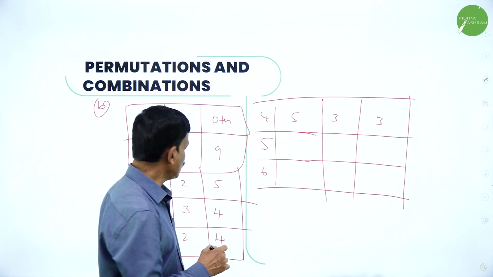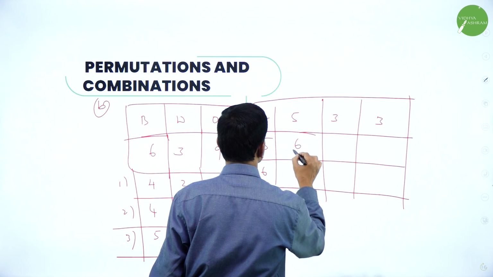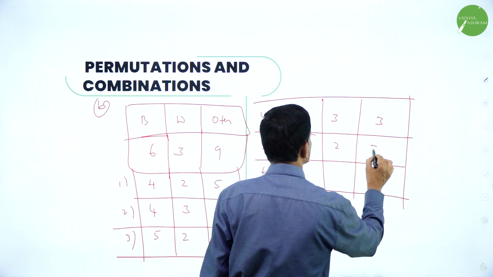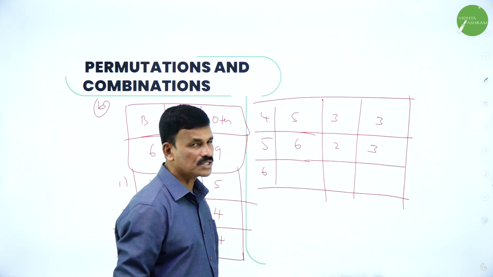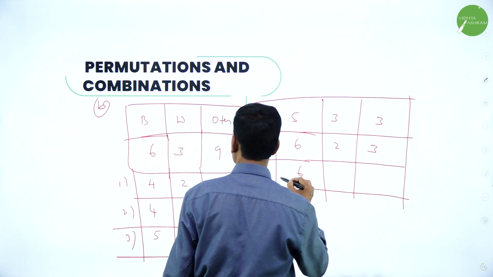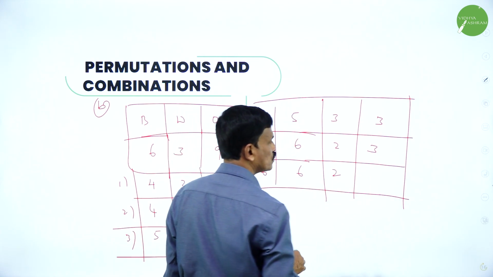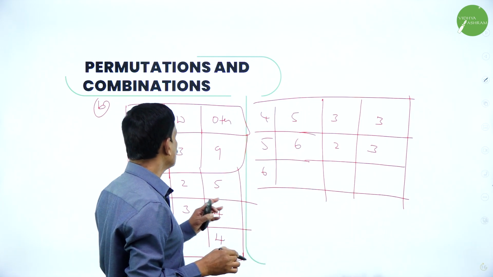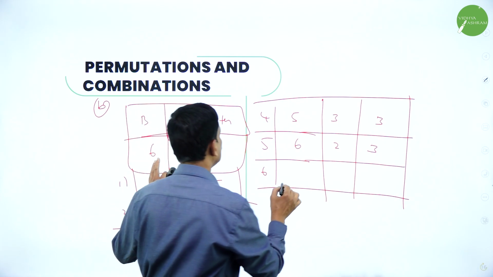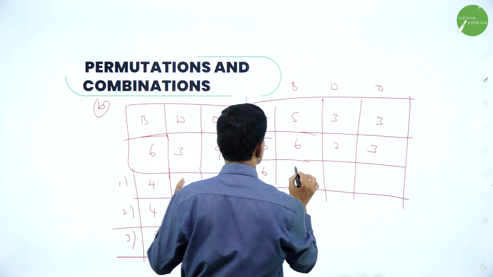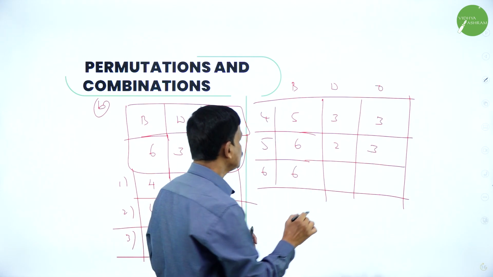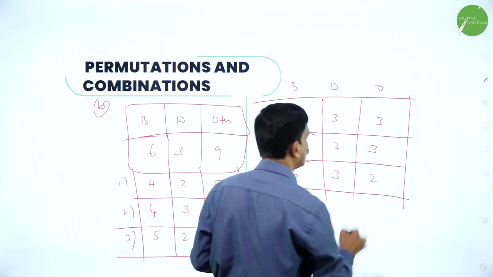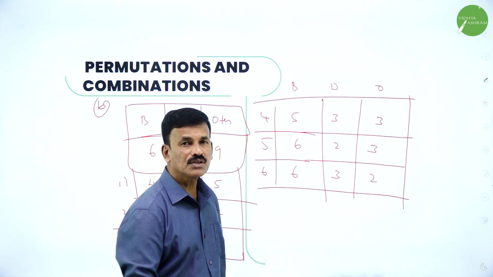Now we can take 6 bowlers and 2 wicket keepers. 6 plus 2 is 8, 8 plus 3 is 11, so 3 others, totally 11. Now the last case, how many bowlers will we take? Bowlers, wicket keepers, others. We can take 6 bowlers and 3 wicket keepers. 6 plus 3 is 9, then the remaining 2 are others. That's it. This is how we are going to arrange.